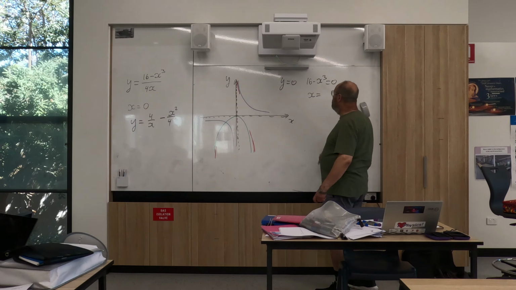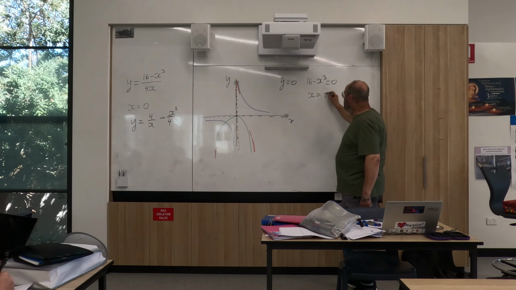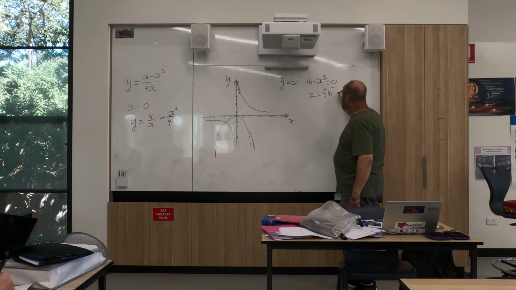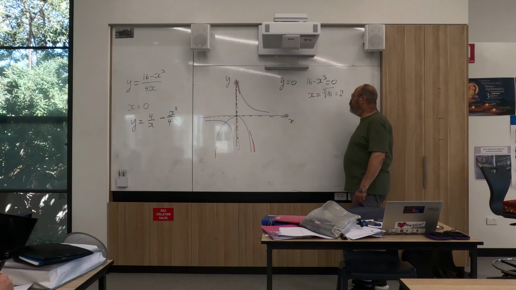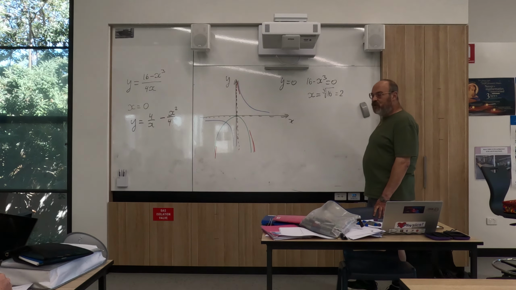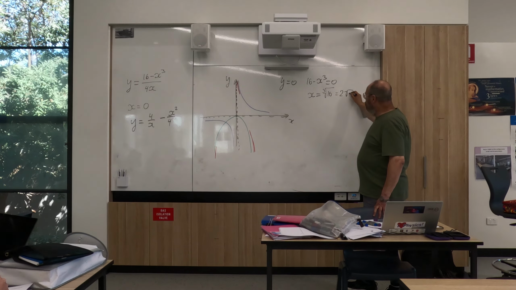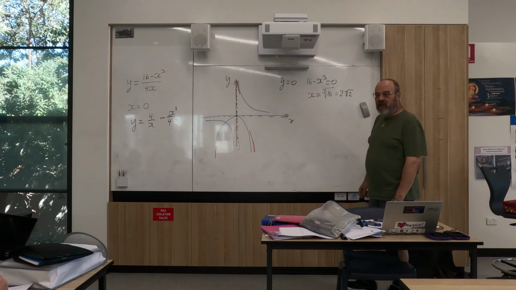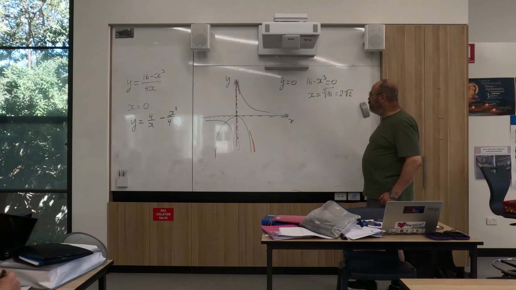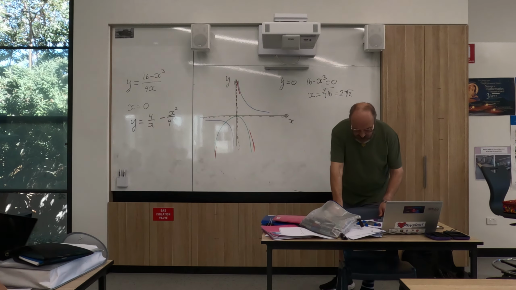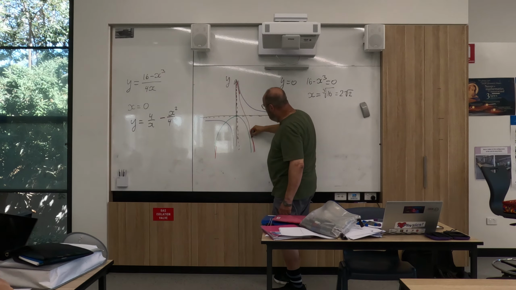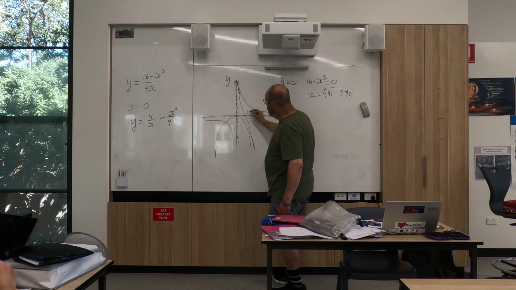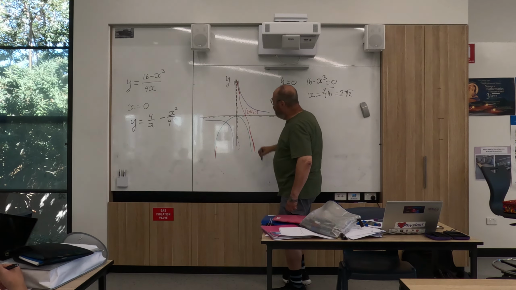So x equals the cubic root of 16, which is the cubic root of 8 times 2. The cubic root of 8 is 2, so 2 root 2, which is approximately 2.8. So we will have the x-intercept at (2 root 2, 0), and the graph going like this.